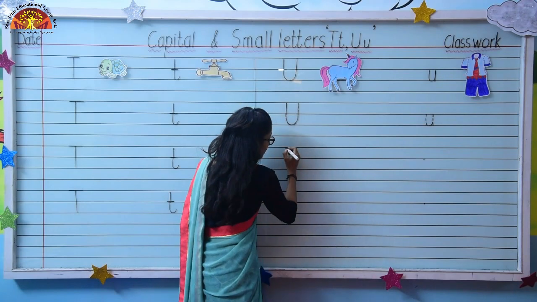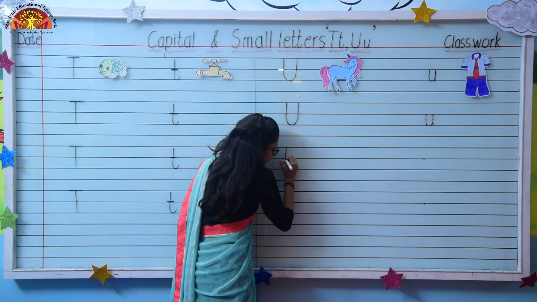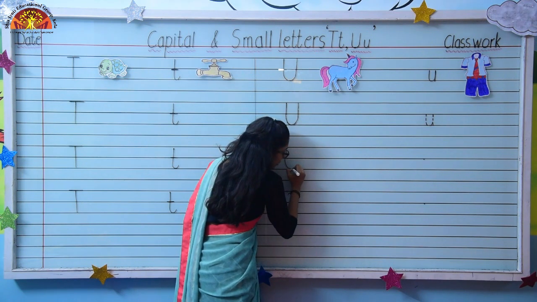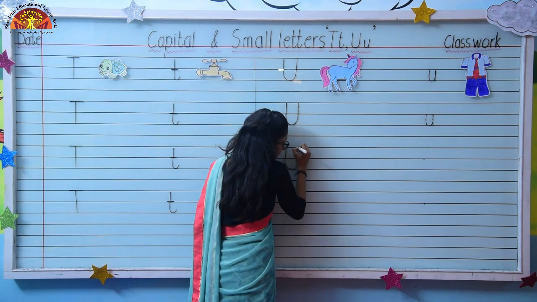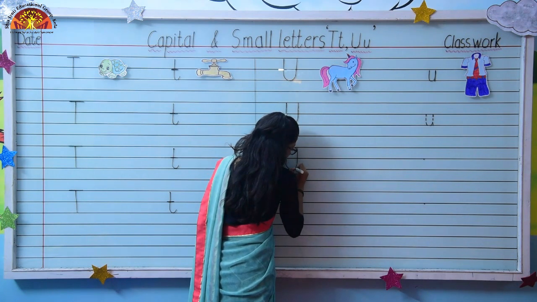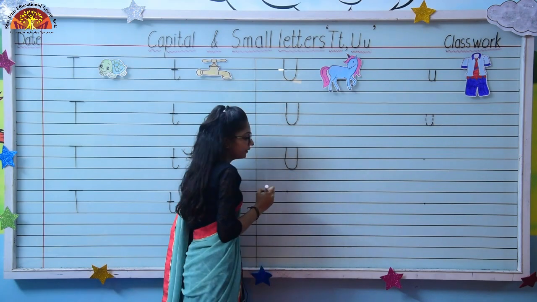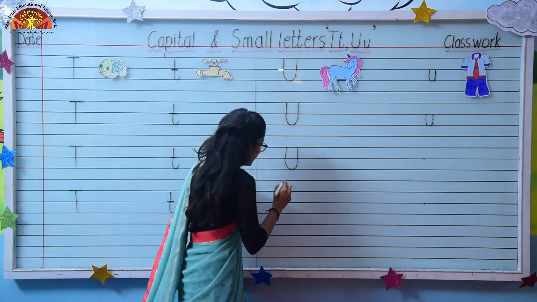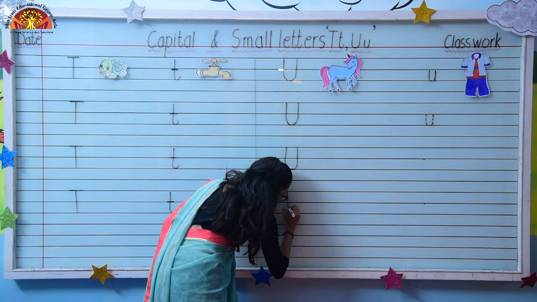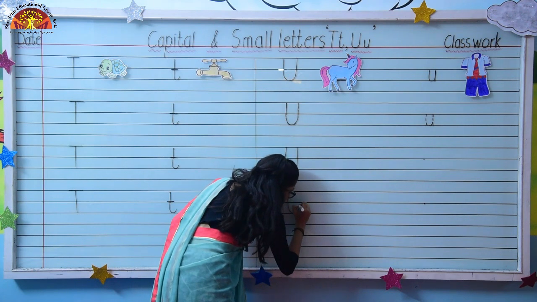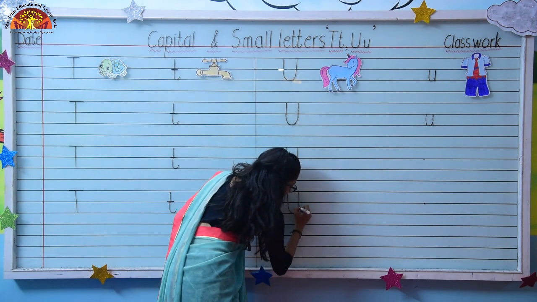Draw a standing line, curve, and again standing line. One last time. Look here kids. Standing line, turn and standing line. Like this.